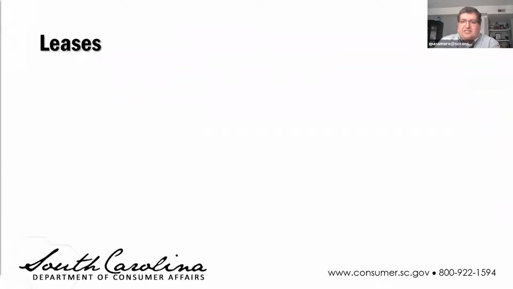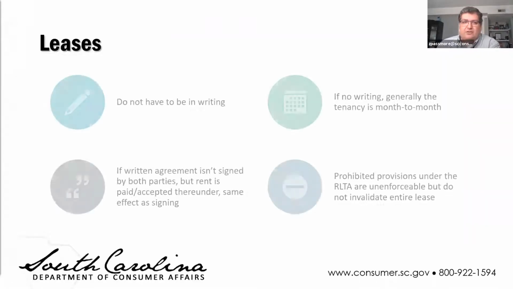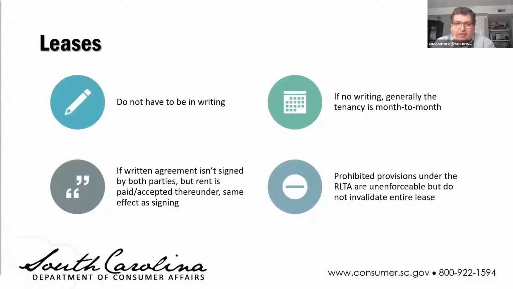So let's start with the cornerstone of the landlord-tenant relationship, the lease agreement. Leases do not have to be in writing. And if they are not in writing, they are considered to be month to month for the purposes of their enforceability under the Landlord-Tenant Act.